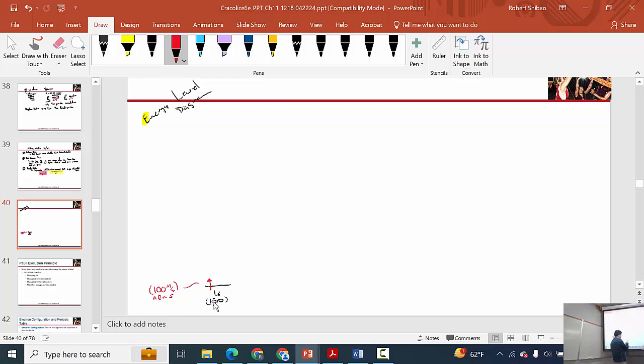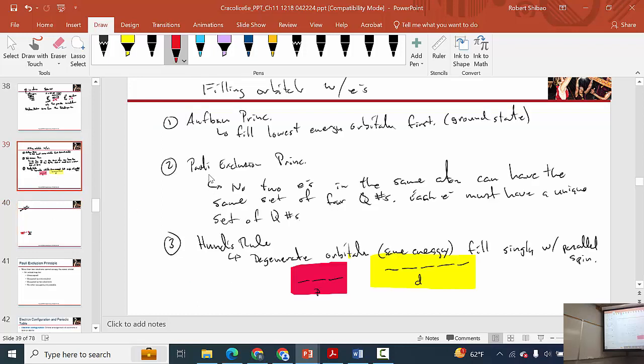And so if I go to helium, helium has 2 electrons. So should I put the second electron in the 1,0,0, or should I put the second electron in the next higher energy orbital? And it turns out I'm going to try to put it in the lowest energy. This is Aufbau. Aufbau says I'm going to put it down here, but I can't put it spin up. So if I put 2 electrons in this orbital, both can't be spin up, because that would violate the Pauli exclusion principle.